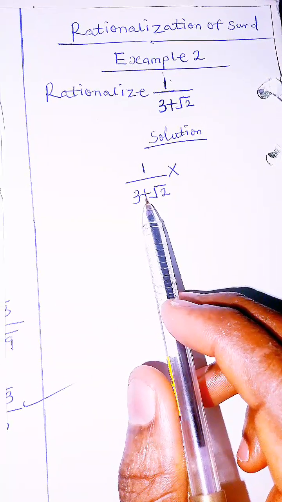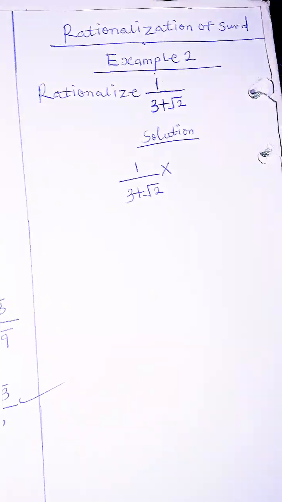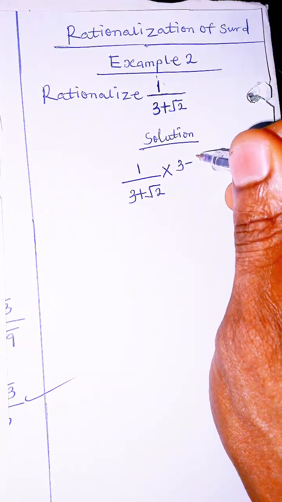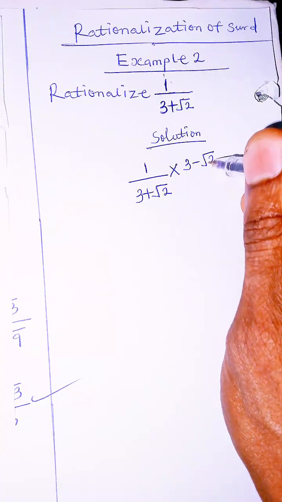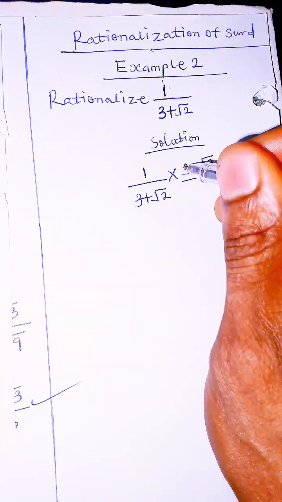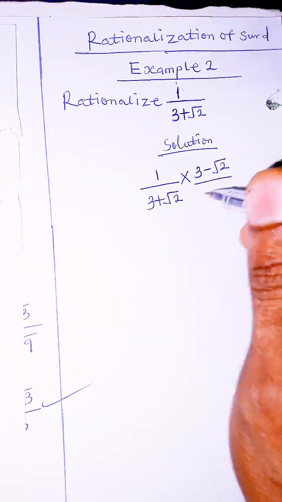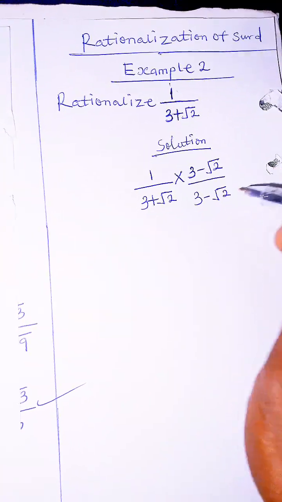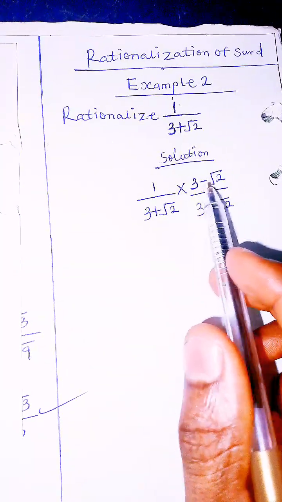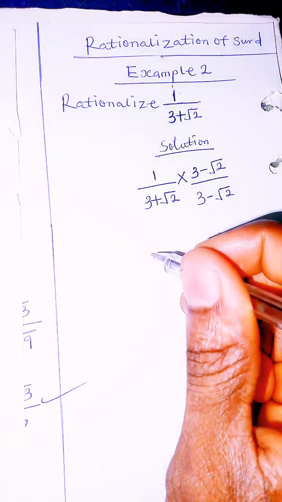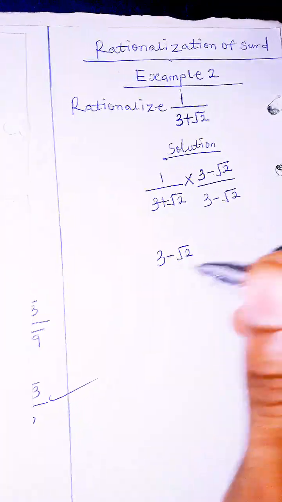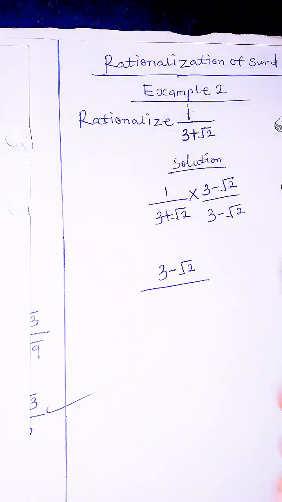Since here is positive, if we are multiplying it, we change to what? Negative. 3 minus root 2 divided by 3 minus root 2. 1 times 3 minus root 2 will give us what? 3 minus root 2 over.